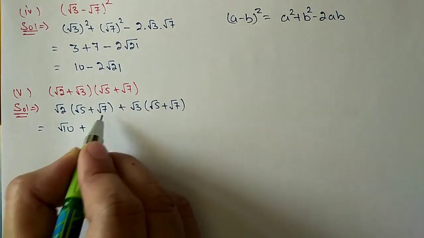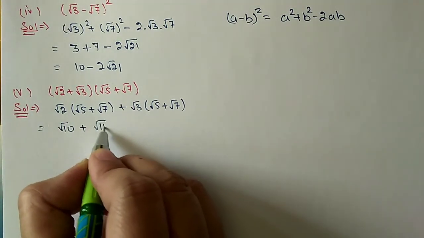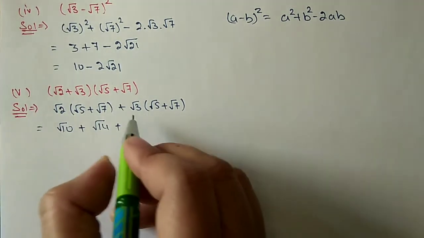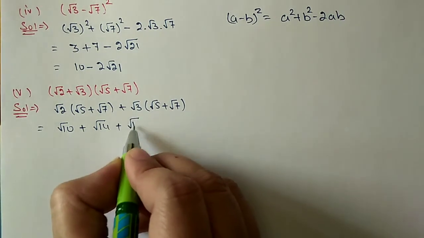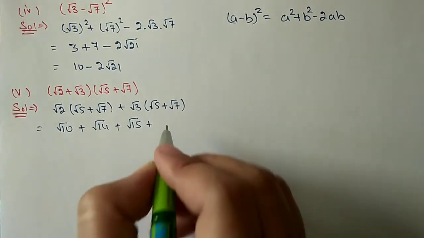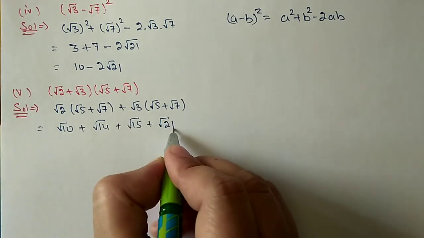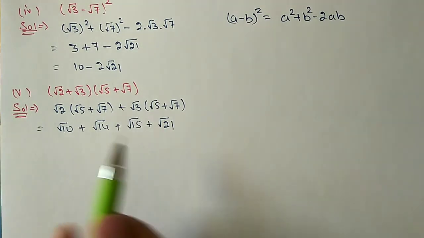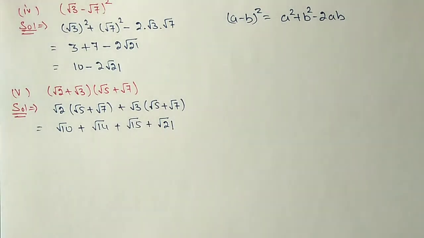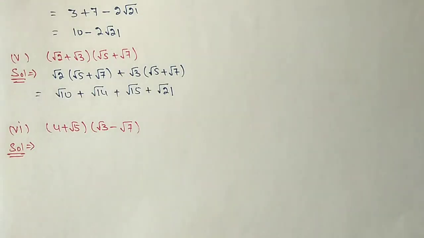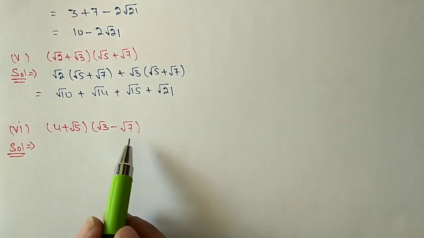Then √2 into √7 will become √14. √3 into √5 will become √15. And √3 into √7 will become √21. More than this we cannot simplify. This is our answer.